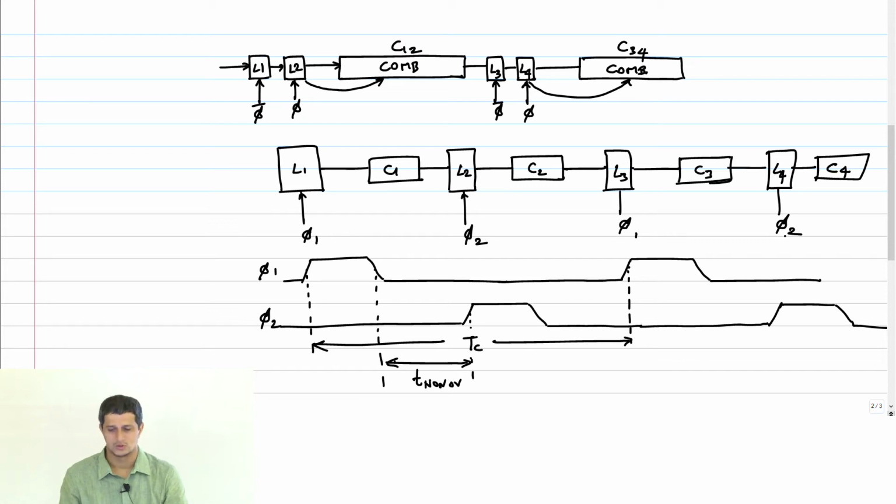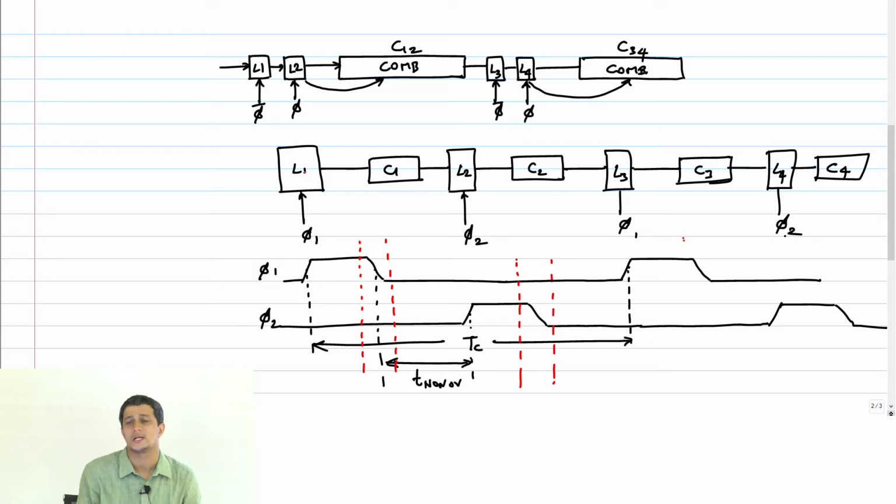Just to remind you, the setup hold window in red that we have to draw is actually here, for both phi 1 and phi 2. Because by default the latch L1, L that I draw is a positive latch. If I want to make it a negative latch, I put a circle here.